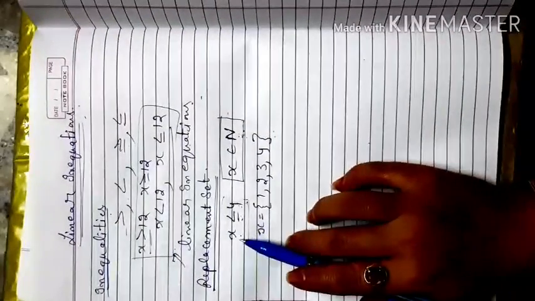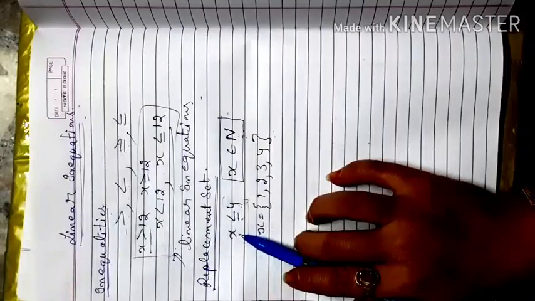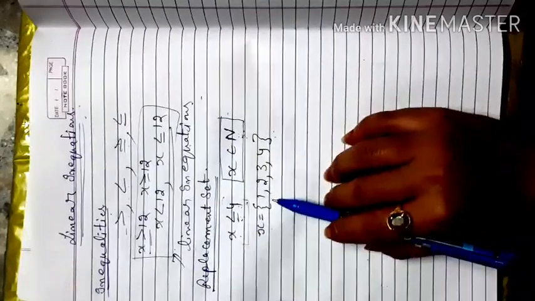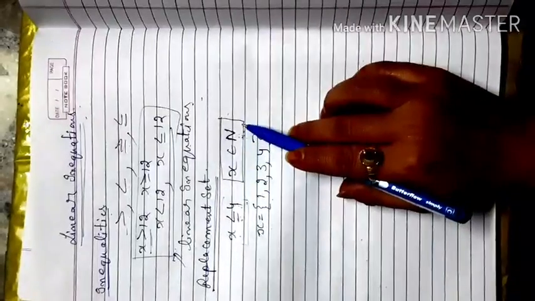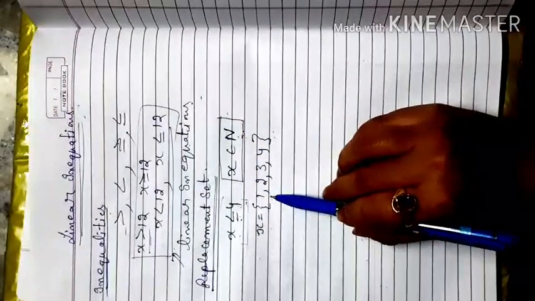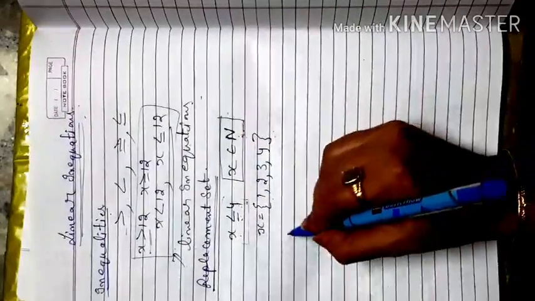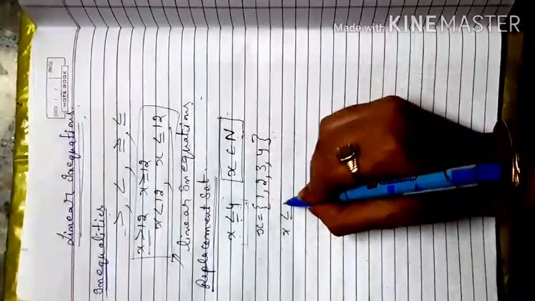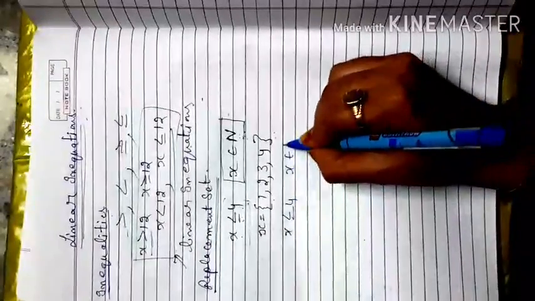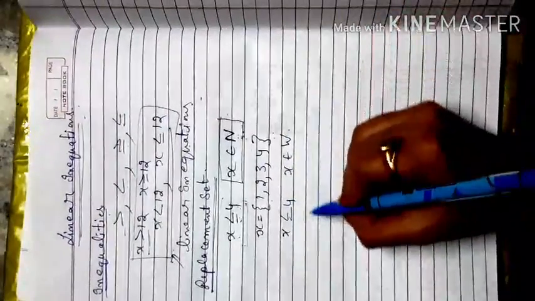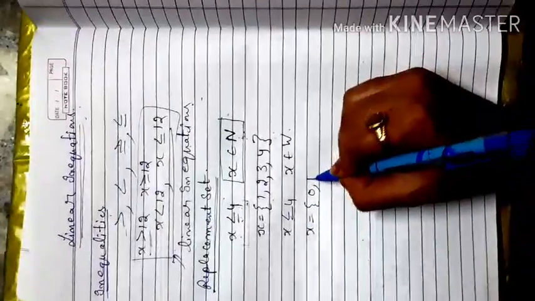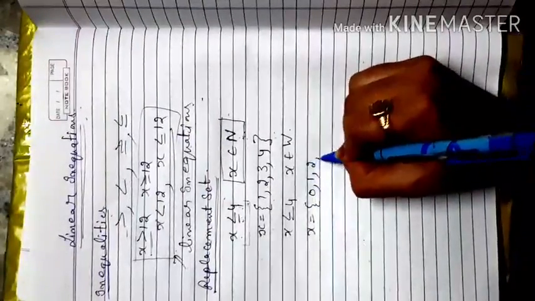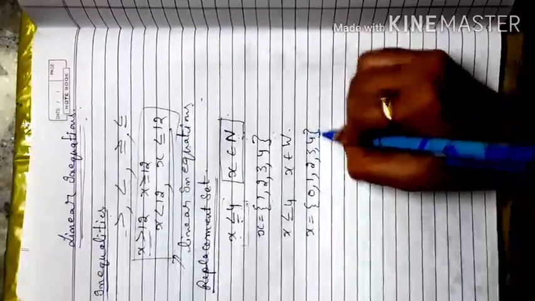X is a member of a set, and the x value is considered less than or equal to 4. If the condition is x belongs to natural numbers, your values will be 1, 2, 3, 4. Suppose it is the same, x less than or equal to 4, but it is written x belongs to whole numbers, starting from 0. In that case, your solution set of x will be 0, 1, 2, 3, 4.